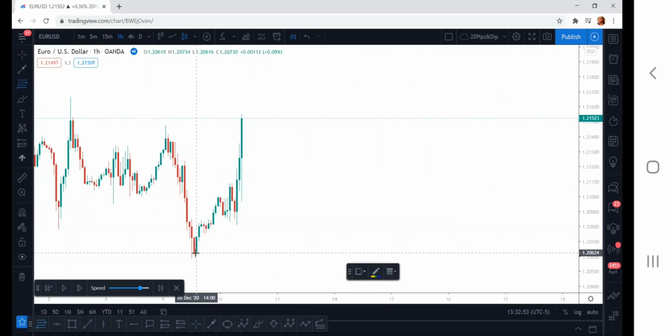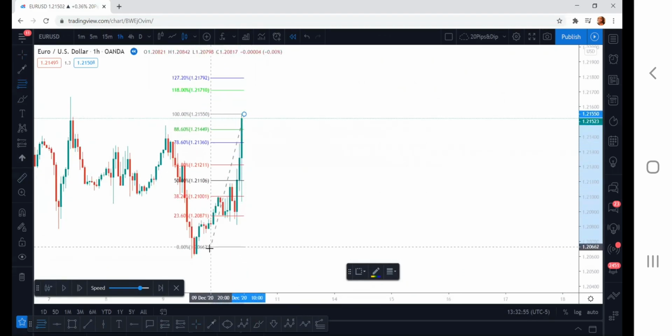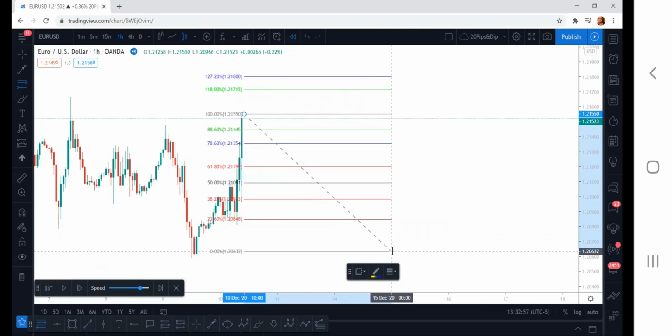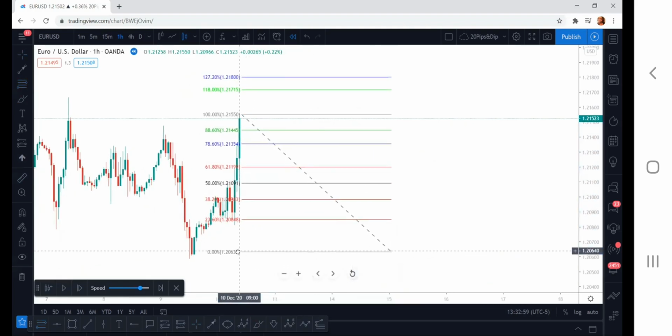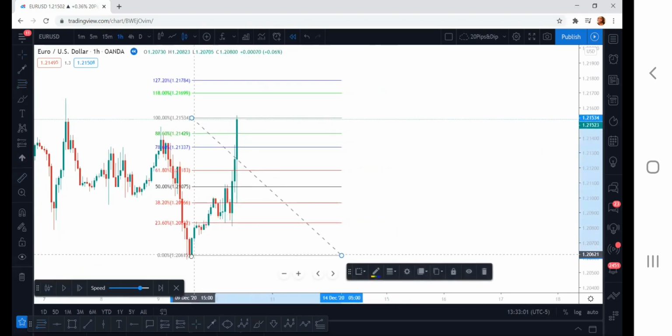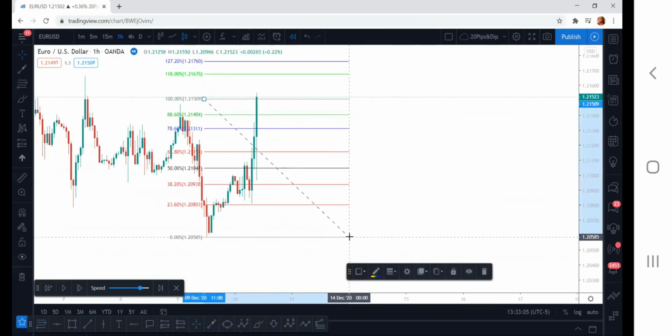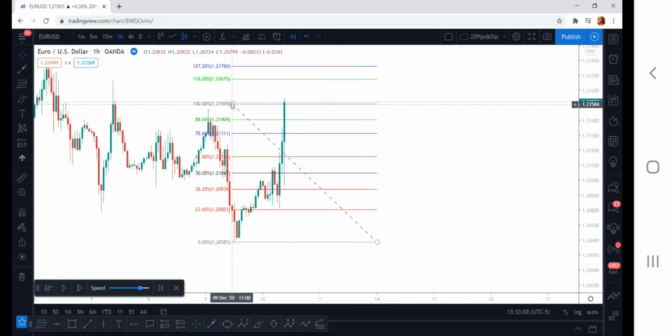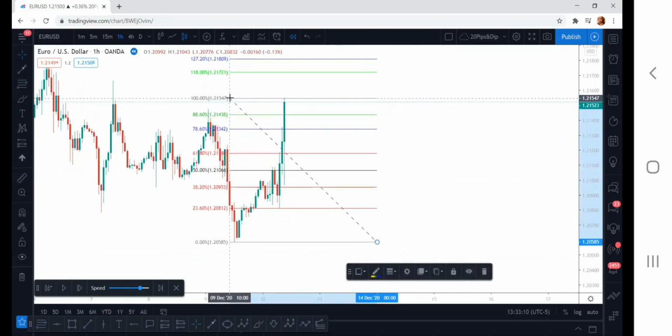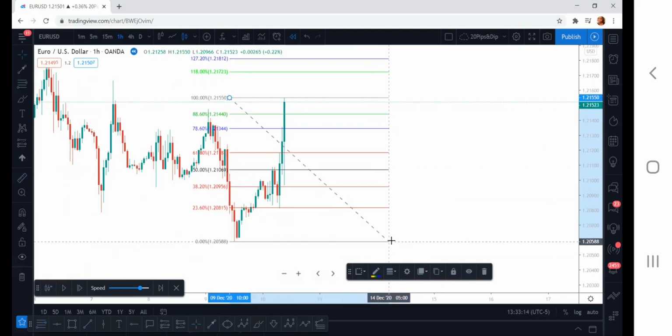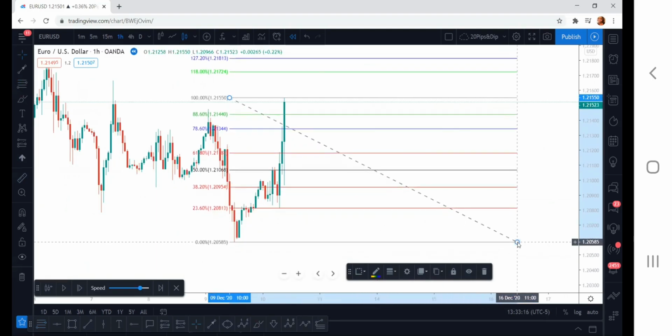Okay, we want to make sure we capture these wicks. All right. I'm putting my 100% at the top of this wick right here. Okay. I'm extending it to my right.